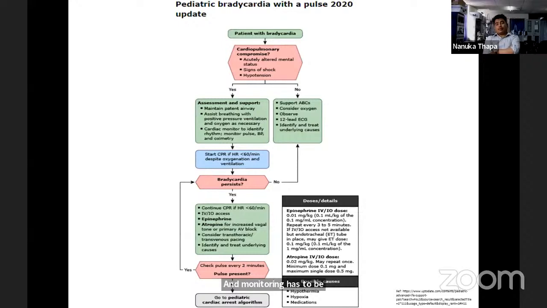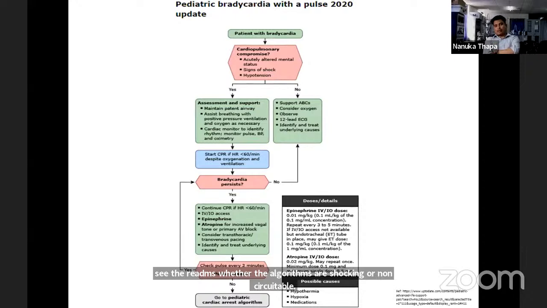After that, if the heart rate is still less than 60 per minute despite giving oxygenation and proper ventilation, we have to start CPR. As we have mentioned before, we have to continue CPR and see whether the rhythm is shockable or non-shockable after giving 2 minutes of CPR.